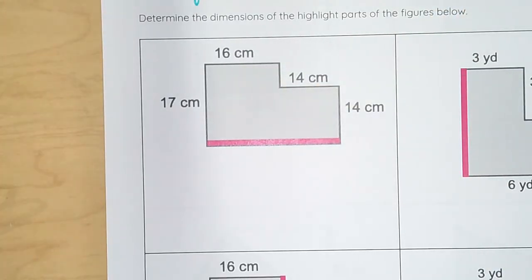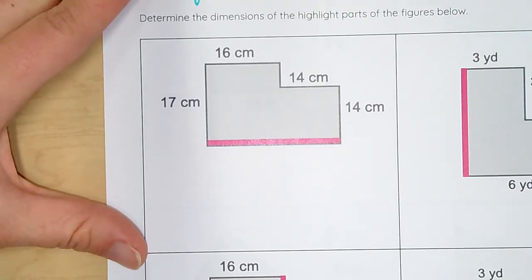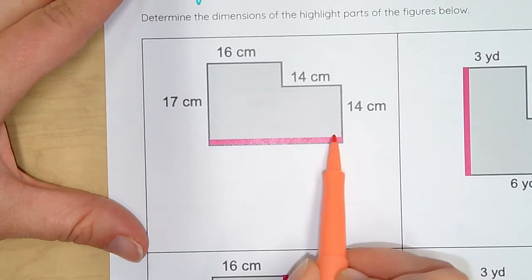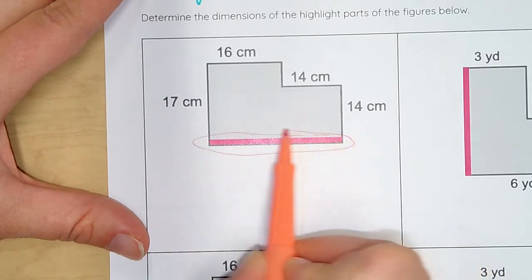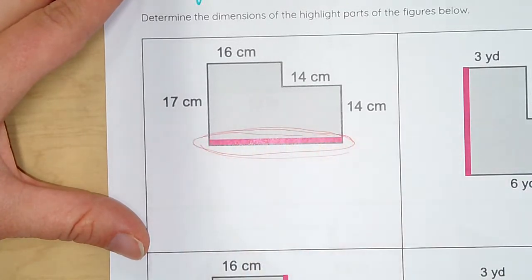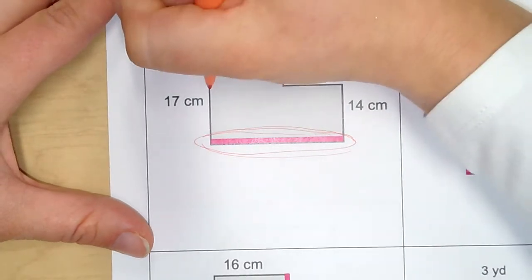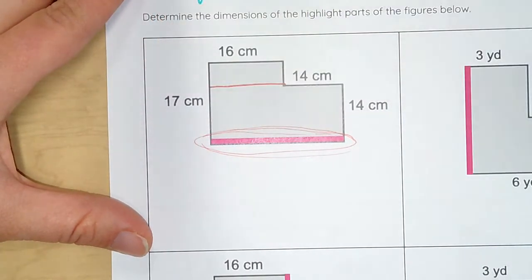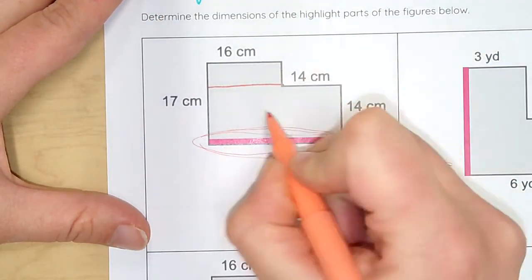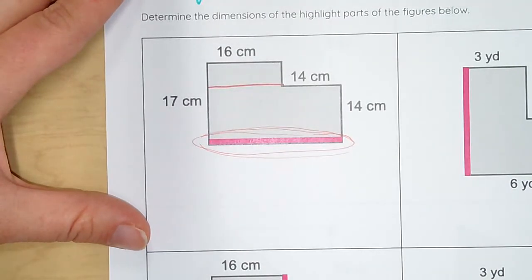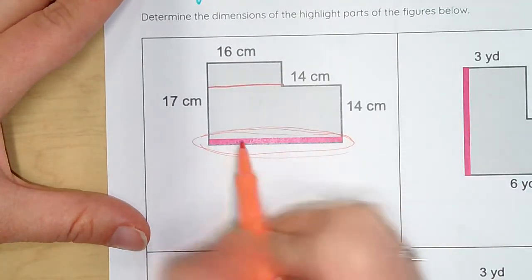Noticing that I have a composite figure made of rectangles. Now, the question is, what is this dimension? If I were to break down this figure right here and had one rectangle and two rectangles, I would need to know what this length is.